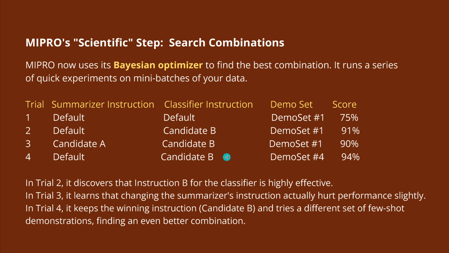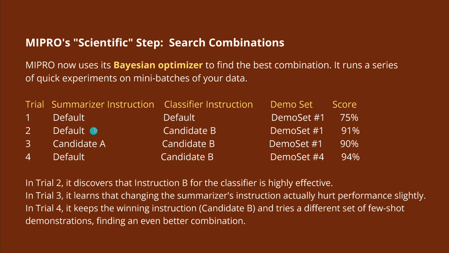So you see here, not in a trial and error, but in a trial and a dedicated search function, what is working. You run this 12 times the LLM, 100 times the LLM, and you get, from your demo set, different scores. So, summarize instruction default, classify instruction default, you run it, 75%.